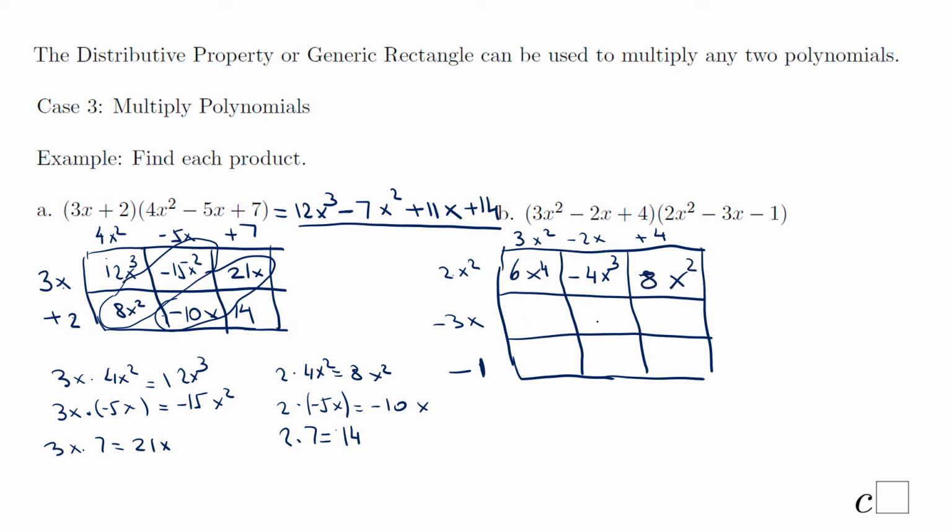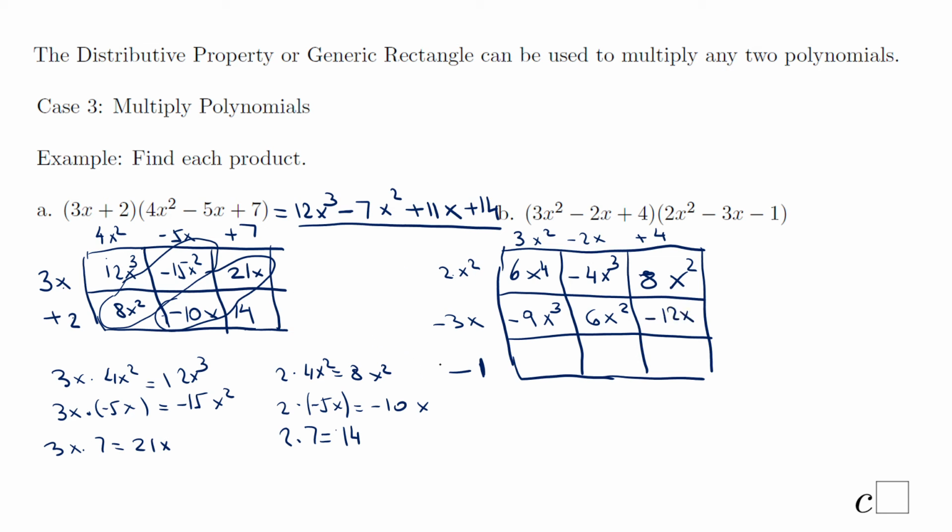And let's move to the second row, where we start with negative 3x times positive 3x squared, that is negative 9x cubed. Negative 3x times negative 2x, the second box in the second row, that will be 6x squared. And the last box in the second row will be negative 3x times 4, that will be negative 12x.